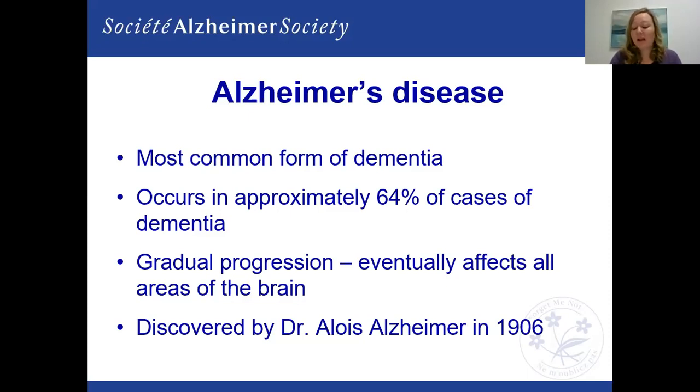It also affects their behavior and their ability to carry out daily activities like eating and grooming. The disease is named after Dr. Alois Alzheimer, who discovered the disease over 110 years ago. So it's been around for a lot longer than most people think.